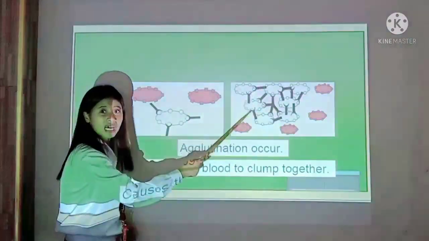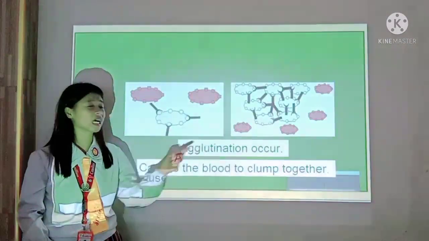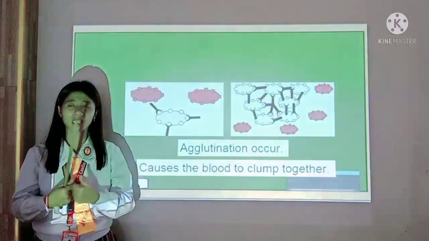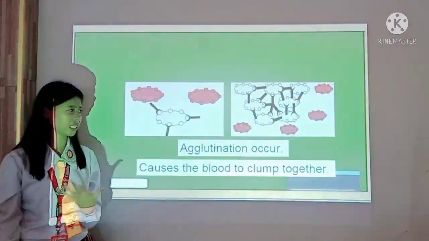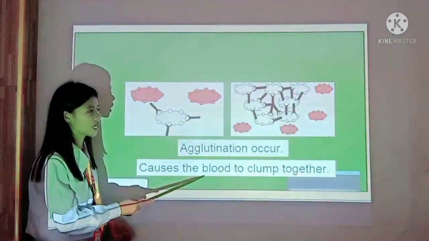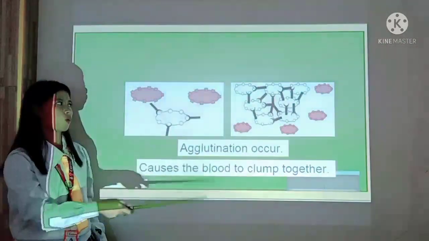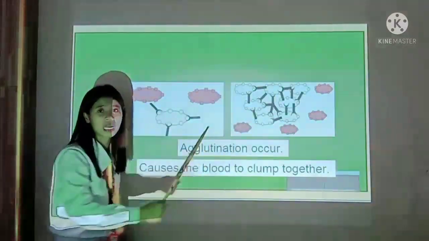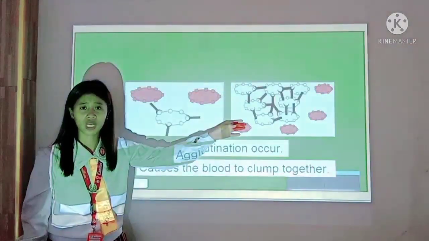So, meron ng clumping. Which is, sabi ko kanina sa inyo, dyan na nagkakaroon ng blockage ng circulation of nutrients and oxygen throughout our body. That is why, yun na sabi ko sa inyo, cause blood clumping. Okay, nagkakasama-sama sila. So this clumping is very dangerous.